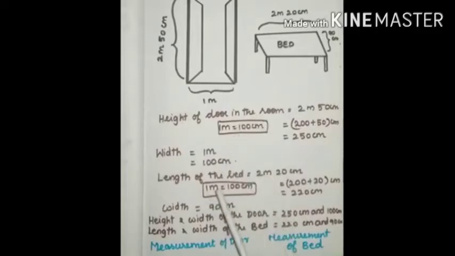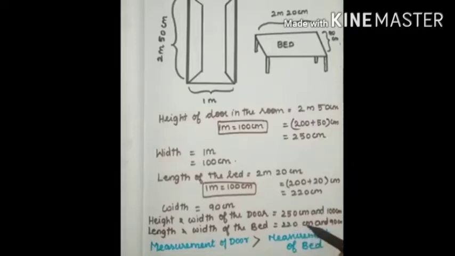See, here the height and width of the door is 250 centimeter and 100 centimeter. And the length and width of the bed is 220 centimeter and 90 centimeter. Which measurement is larger? Yes, the measurements of door is larger because the height is 250 centimeter and the length of the bed is 220 centimeter.